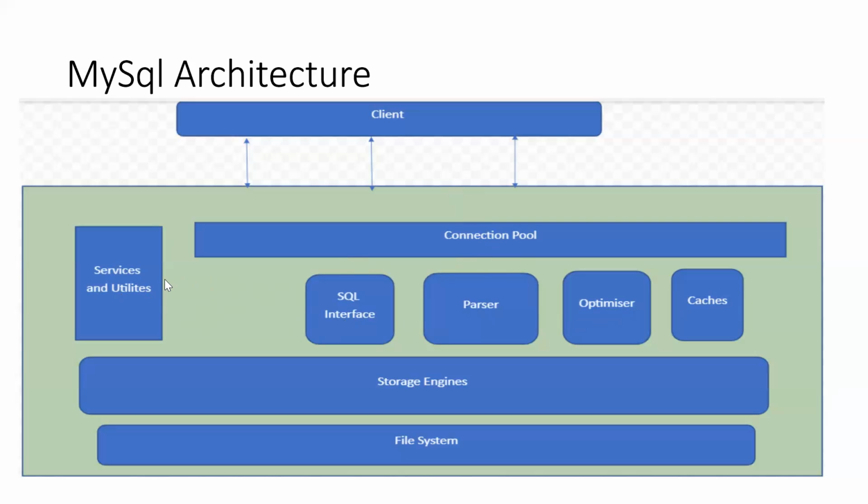Coming to services and utilities within the MySQL layer, they provide the services and utilities for administration and maintenance of MySQL, such as backup and recovery, security, replication, clustering, partitioning. So this is going to handle all the admin tasks related to that.